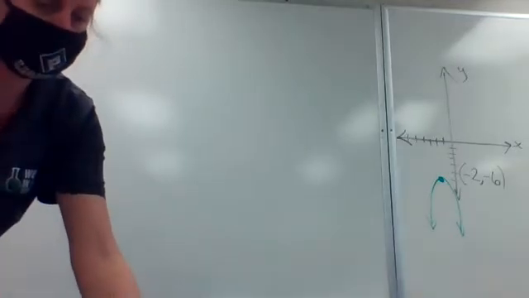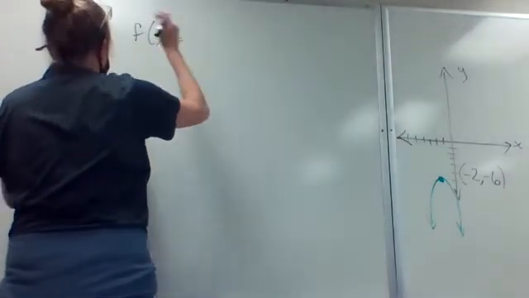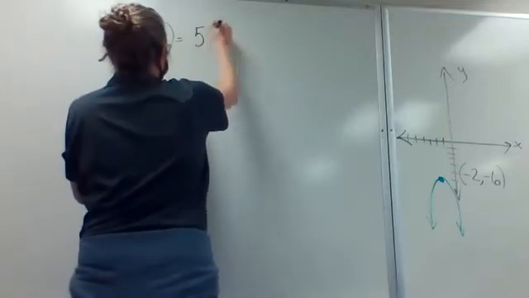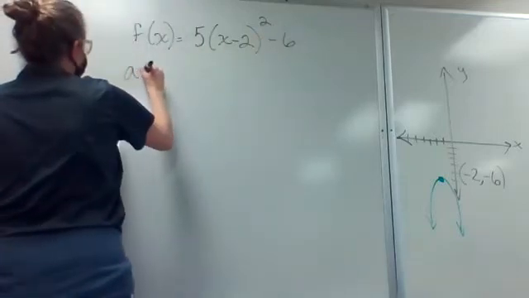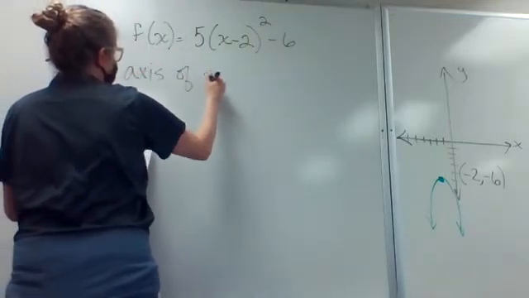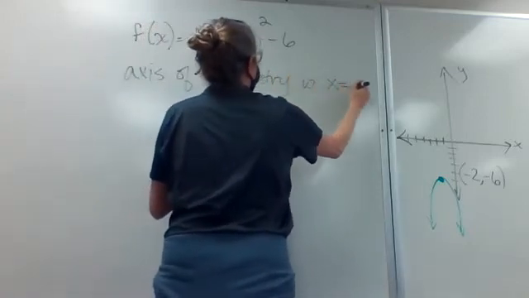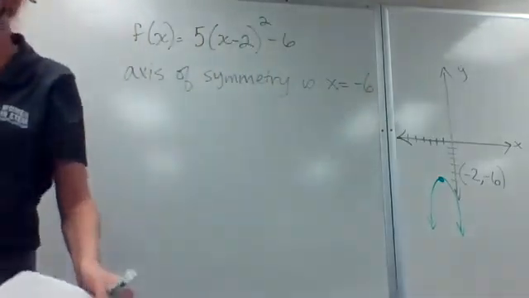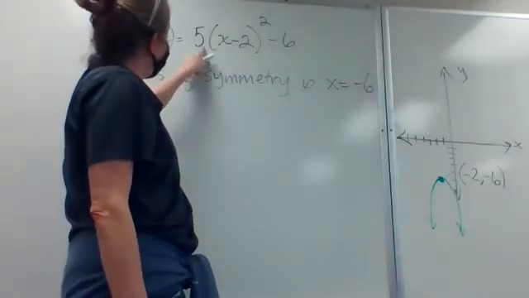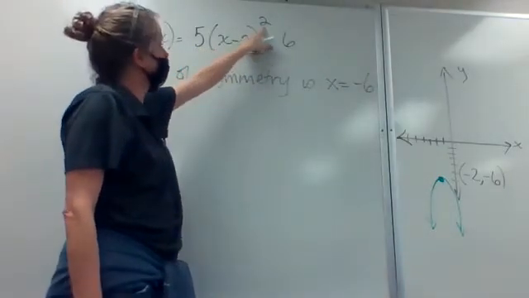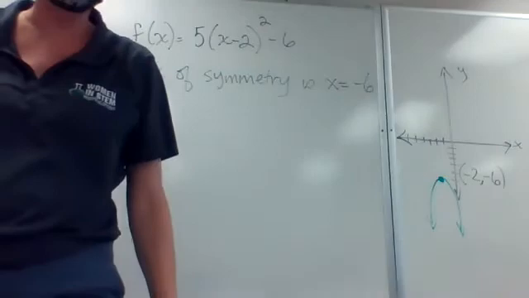Determine if this one's true or false. So this one says the graph of 5 times x minus 2 squared minus 6 has an axis of symmetry at x equals -6.